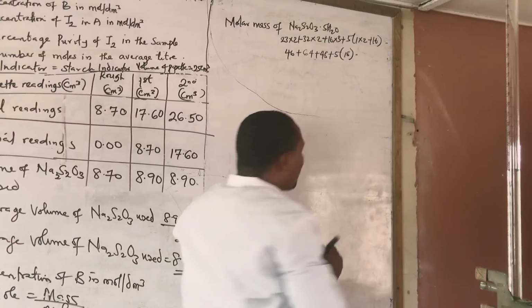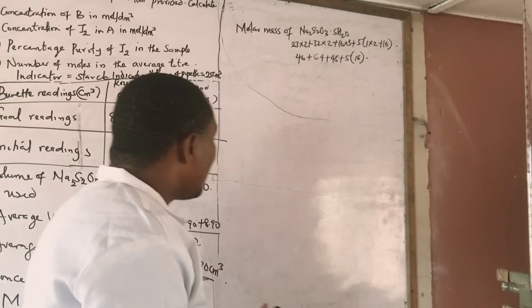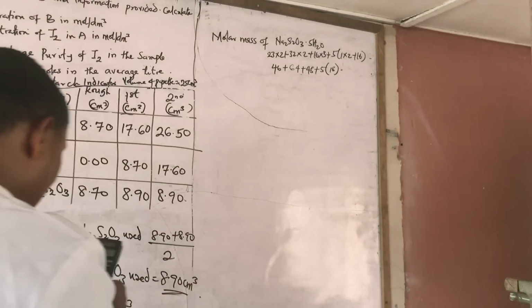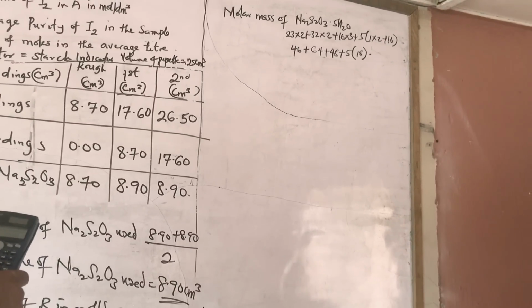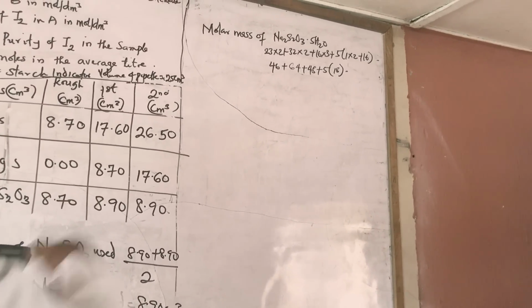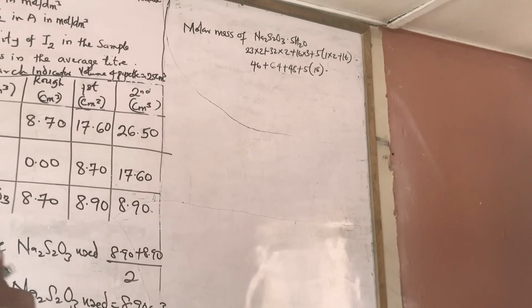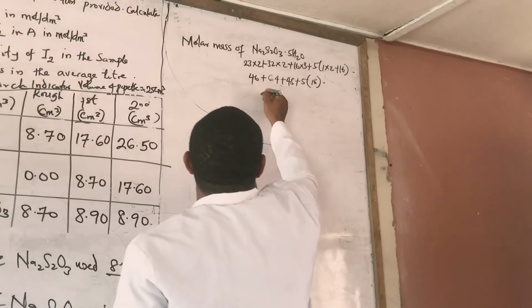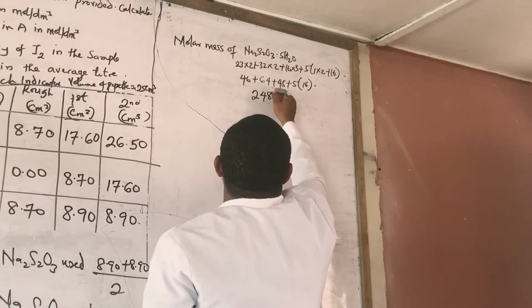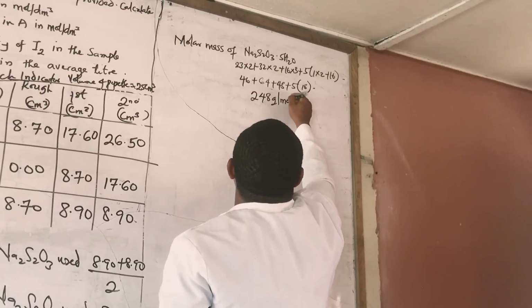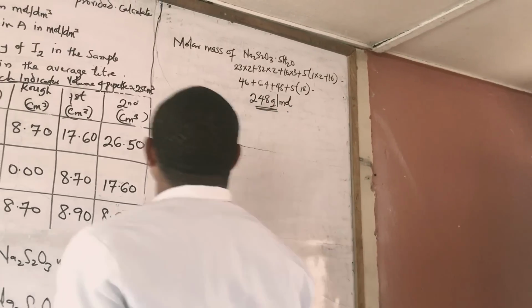Okay, so 46 plus 64 plus 48 plus 18 times 5, that should be 90. So plus 90, that gives us 248. So molar mass is 248 grams. Please, the units are very, very important, per mole.